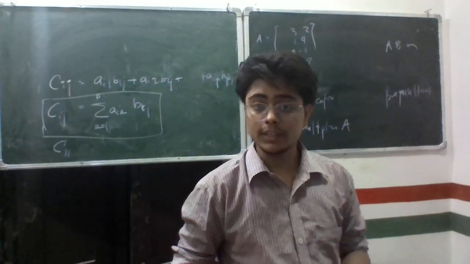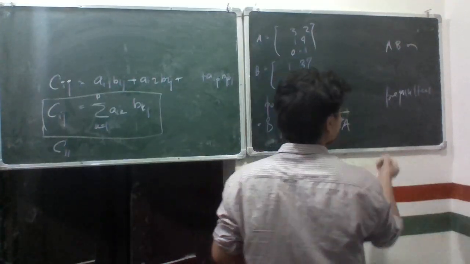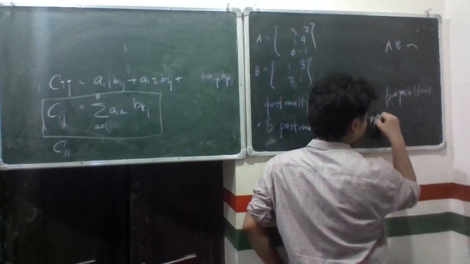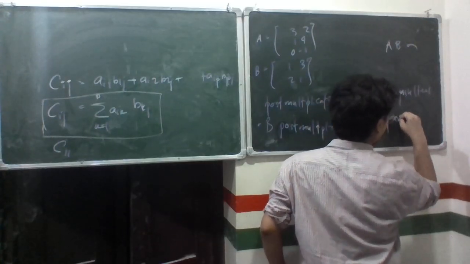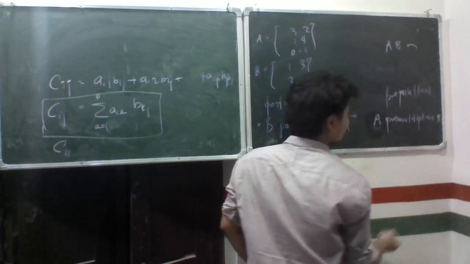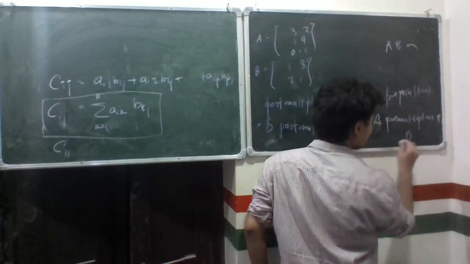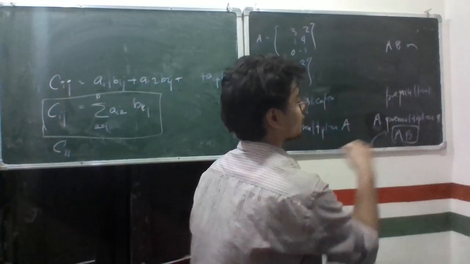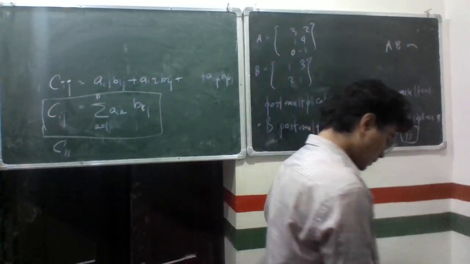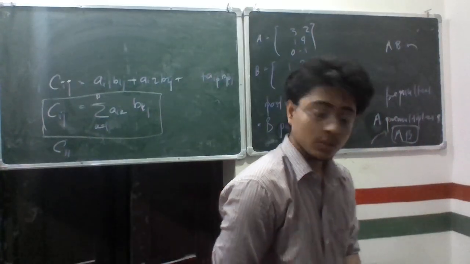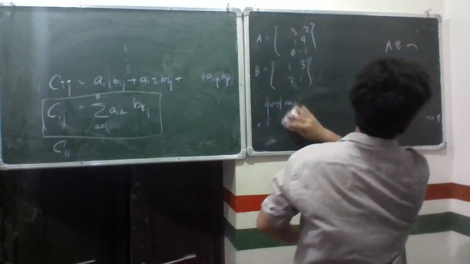If that is not defined, then we can say, let's suppose, A pre-multiplies B. That means B was already there, A comes from the left hand side and multiplies it. Again, we have to find out AB. Okay, let's not waste our time here and let's go directly to the dot products.